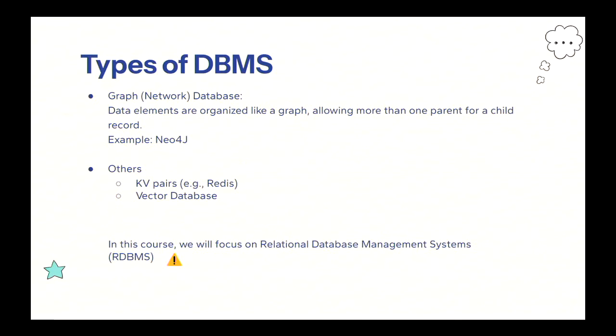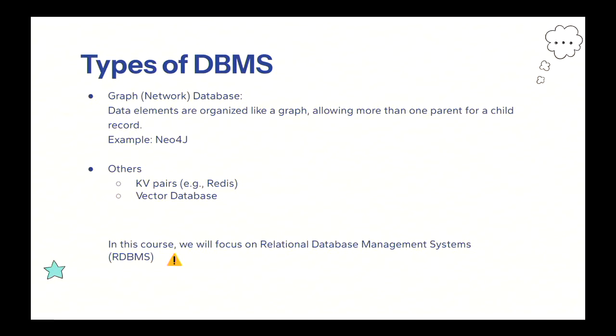The third type of DBMS that is also very popular is called graph or network database. These databases are used to store data elements which are naturally organized like a graph. For example, you can have an organization graph of all the people here in UNSW.